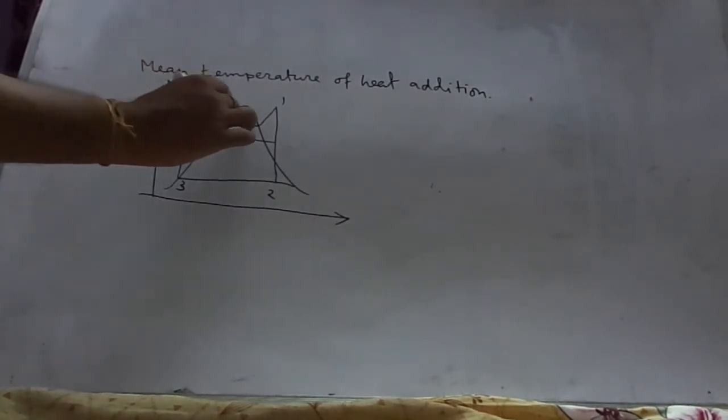Okay, this is the diagram 1, 2, 3, 4, 5. The cycle like that.